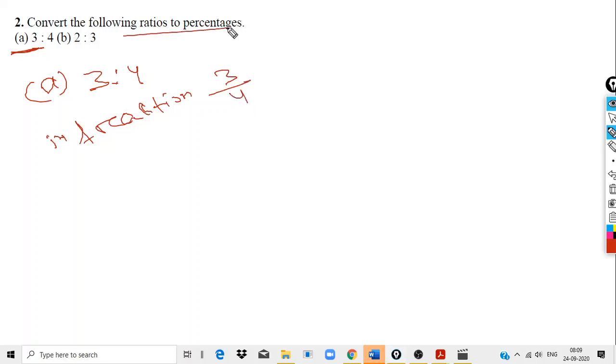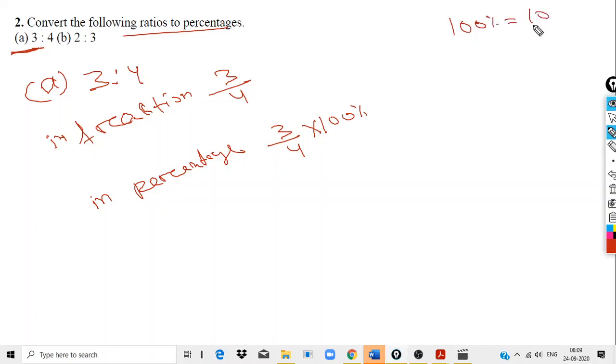We have to find the percentage, so we can write in percentage 3 by 4 into 100%, isn't it? 100% means 100 out of 100, so we can multiply 100% easily, as 100 by 100 is equal to 1, isn't it?